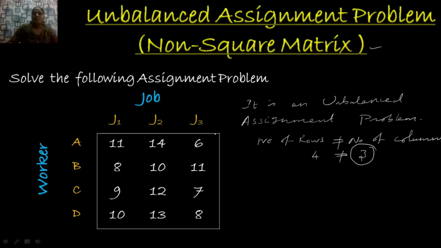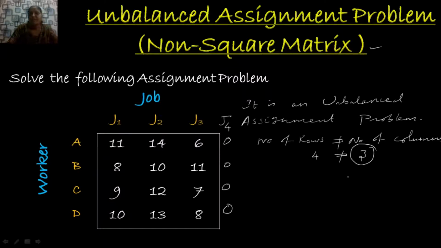With a 0 cost element, I have to introduce one more column that we label as J4 with 0 cost elements. If we do so, now the matrix becomes balanced one and we make use of the Hungarian method to find the optimum assignment schedule.